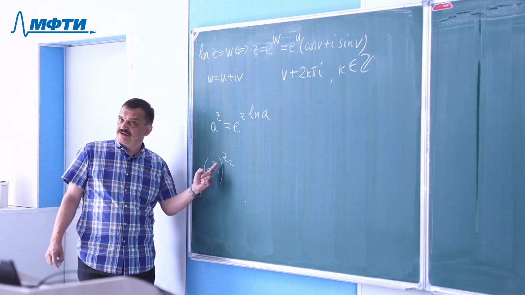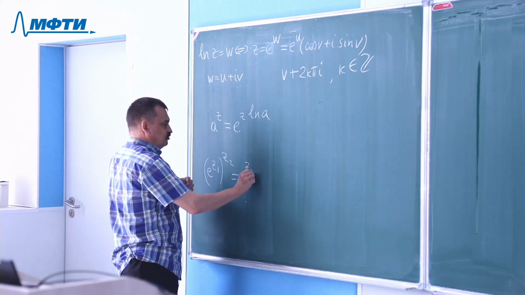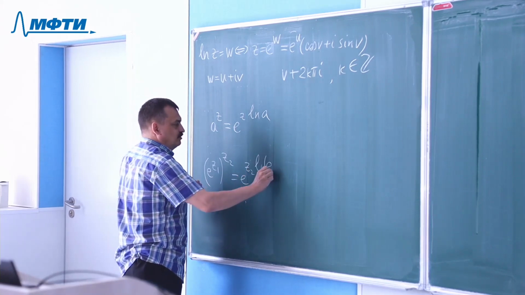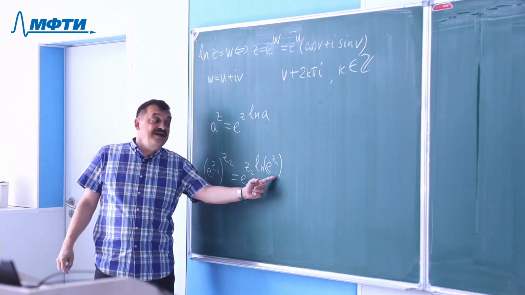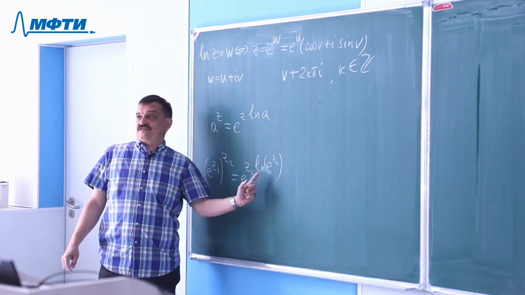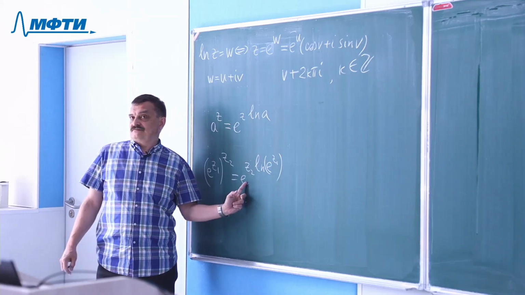So how can you define it? You can define it as e to the power z2 times logarithm of e to the power z1. And now there are infinitely many values of this logarithm, including z1, right?